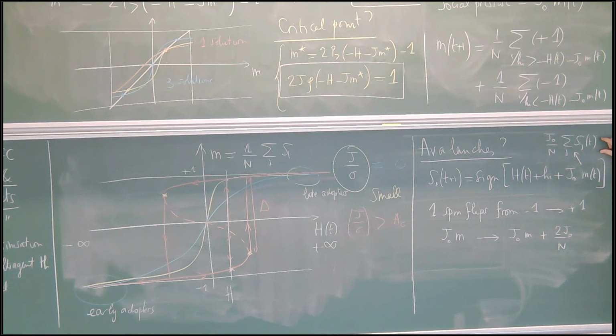So if one of these changes from -1 to +1, then the mean field seen by others changes from J_0 M to J_0 M plus 2 J_0 over N, 2 because S goes from -1 to 1, so there's a jump of 2, and it contributes J_0 over N to the mean field.